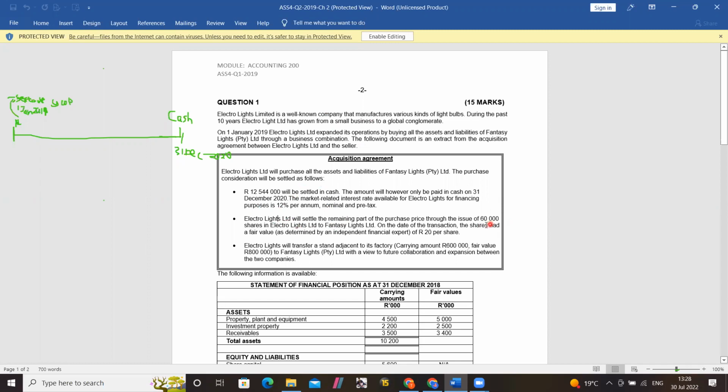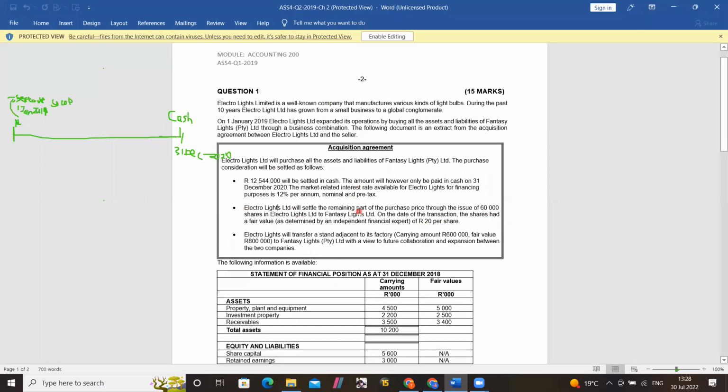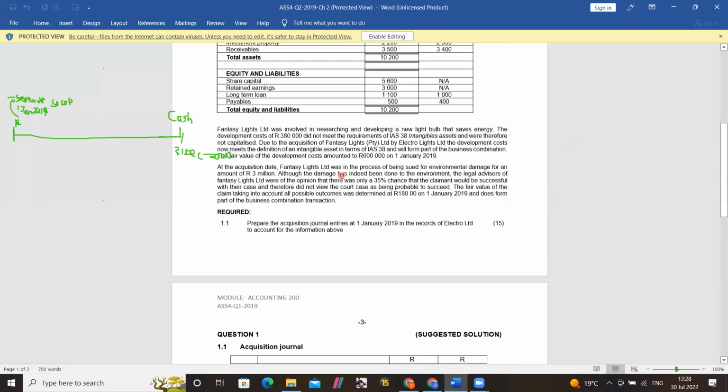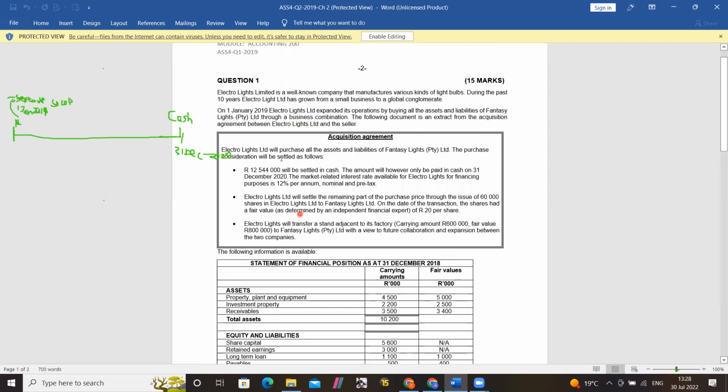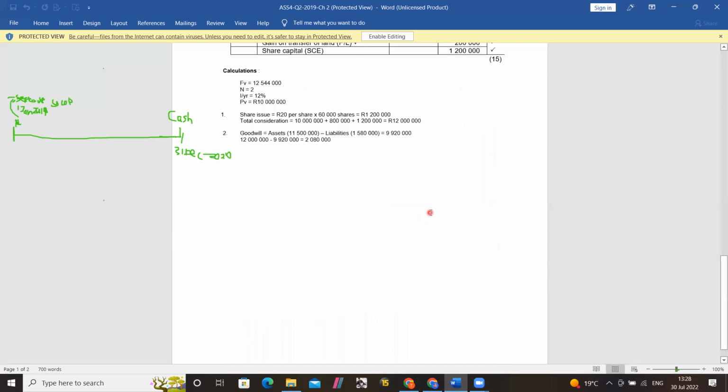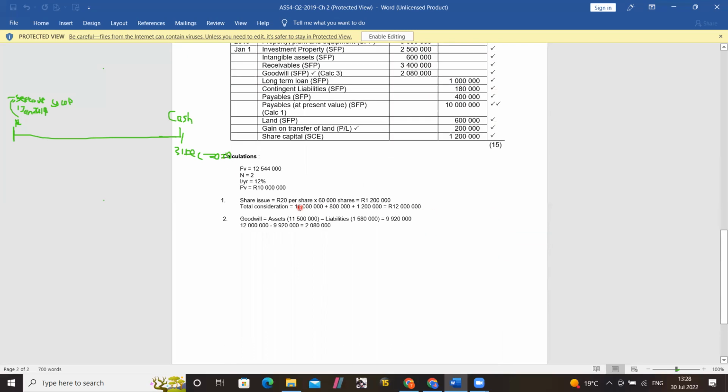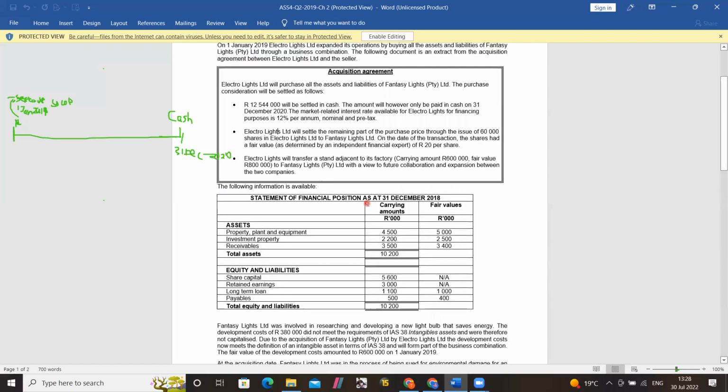So share capital with 60,000 times 20. Why 20? Because this 20 is the fair value. Like we said, the consideration has to be at fair value, and the fair value here, even for the amount above, is its present value, which was 10 million. Here, 60,000 times 20 is 1.2 million. Yeah, 1.2 million.